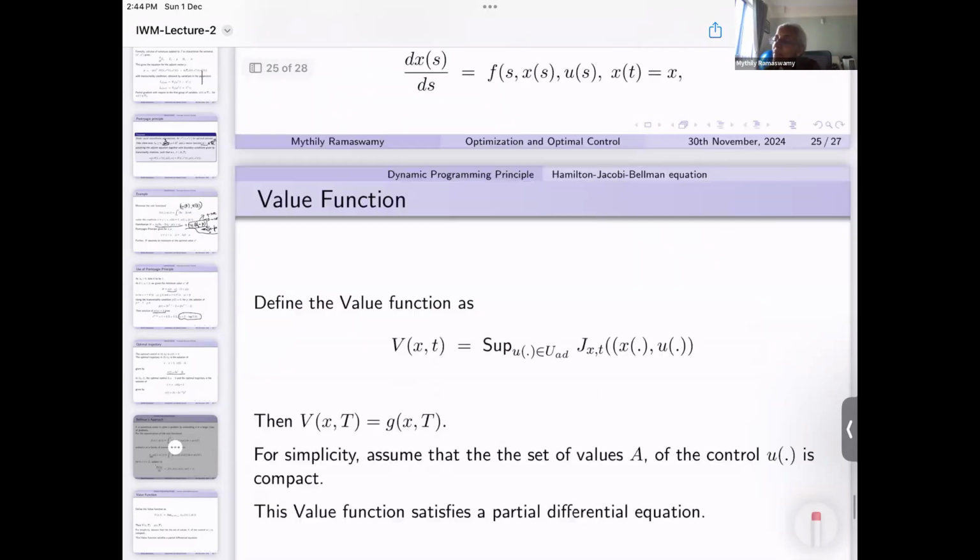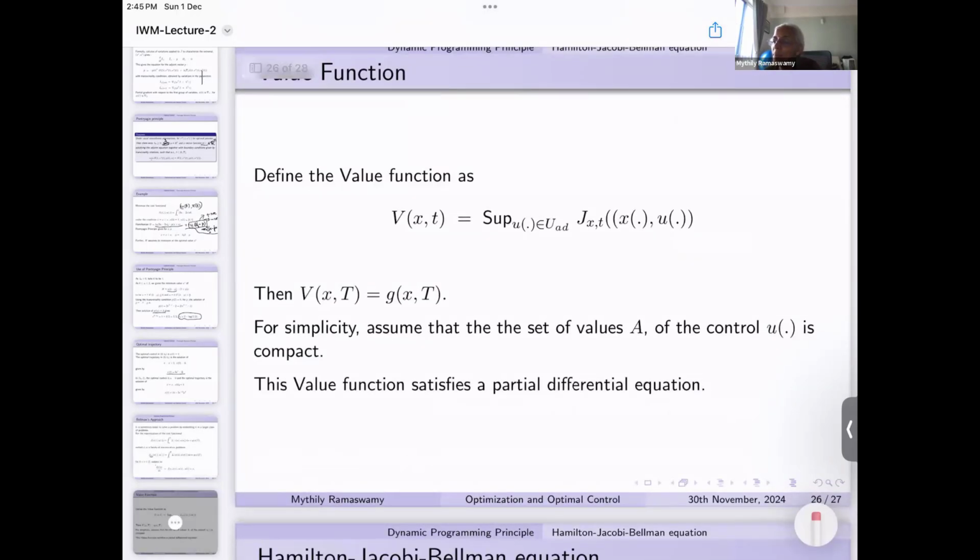So that will be the value of the function at capital T. So I know it has the terminal value, but does it satisfy some equation? That you can ask. For simplicity, we can assume the set of values A of the control u dot to be compact. That will make it easier to prove many things. So we assume the range of the control set is going to be compact.